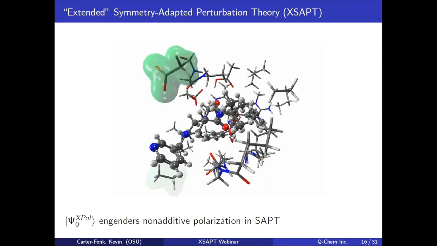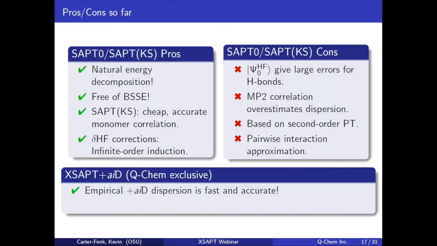So this is an embedding approach to SAPT. So our monomer wave functions then have been self-consistently polarized by the electrostatic potential of the rest of the system. So that allows us to isolate the contribution of non-additive polarization effects. So we have variational non-additive polarization added to our benefits of the XSAPT plus AID approach.